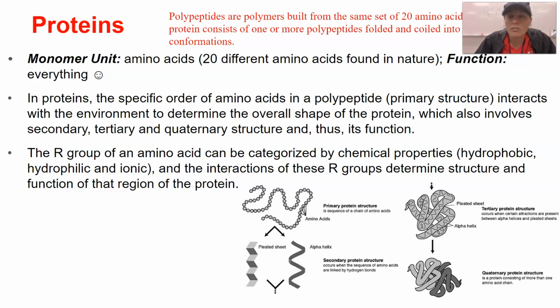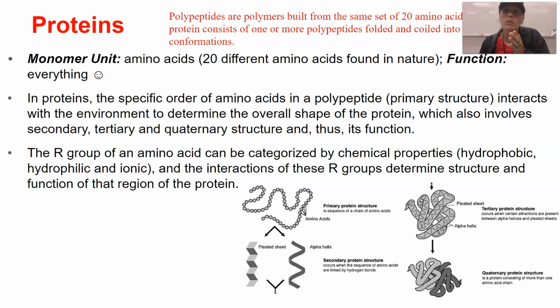So we love proteins. They are the bomb diggity, as I always say, and they are a set of different polypeptide chains. So they have this specific order of amino acids, and depending on the order that we put those amino acids is going to determine the function.